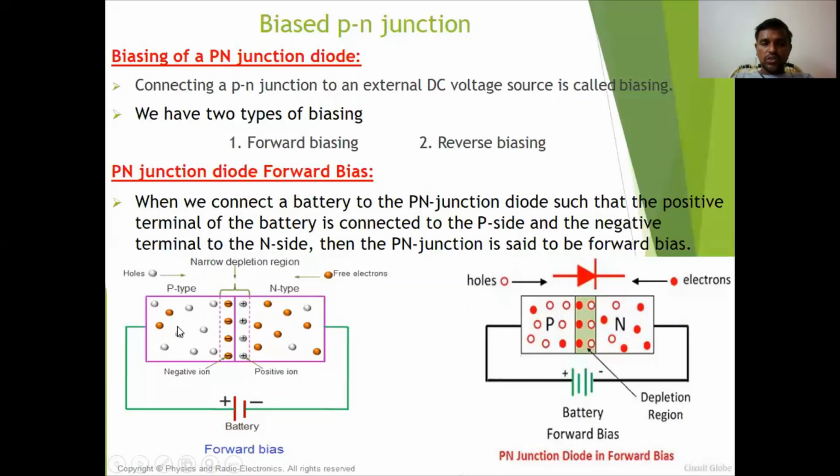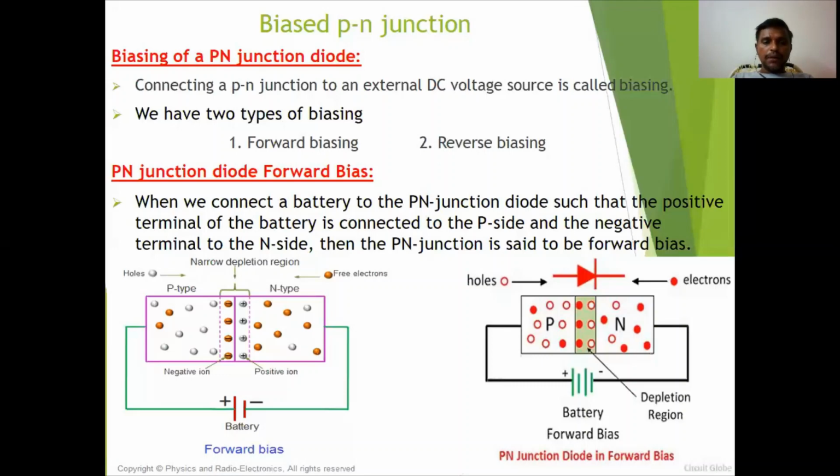Similarly in the N-type material the majority carriers are electrons. Now I am connecting this to a battery such that the positive terminal is connected to the P-type and the negative terminal is connected to the N-type. This type of biasing for a PN junction diode is called forward bias.